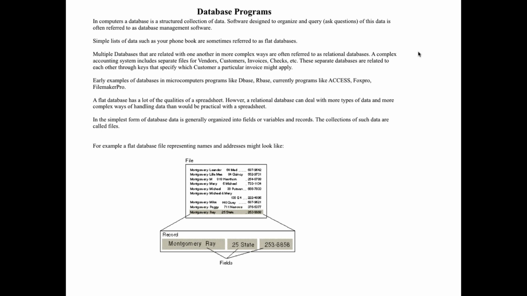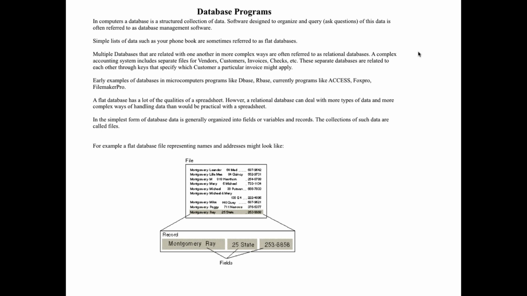That's a database program. It has name, address, phone number, zip code, so on and so forth. And you can search through it for a name. You can alphabetize it, and so on and so forth. So more sophisticated versions of these database programs are used for organizing and handling massive amounts of data.